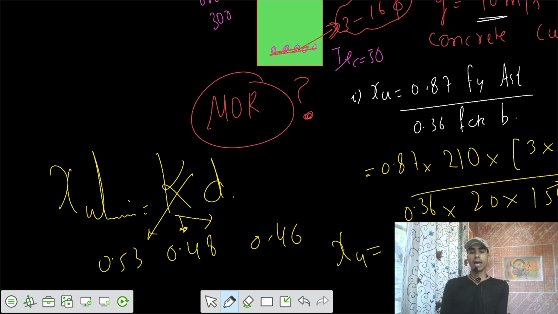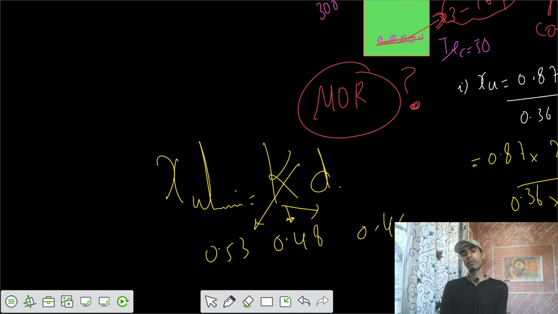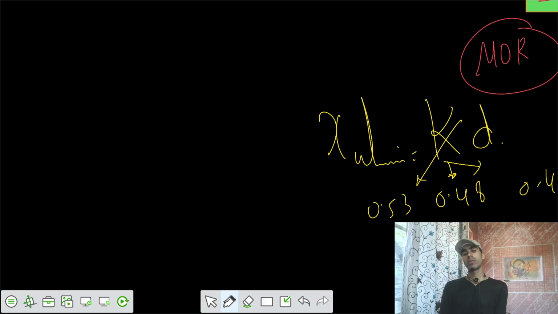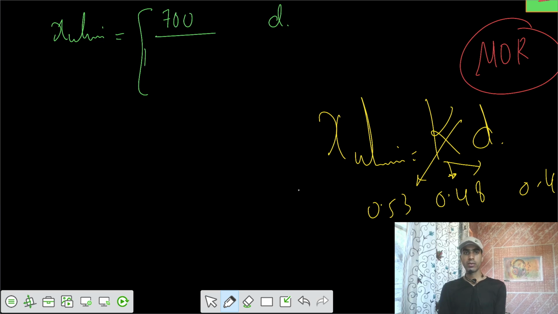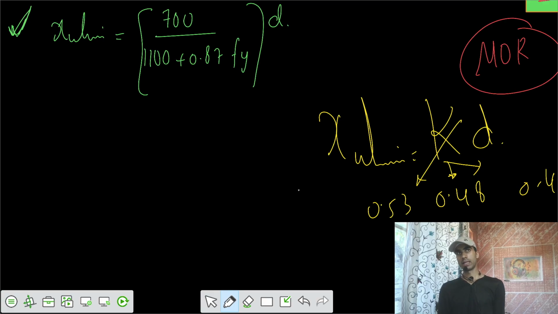We had one general equation. Once we derived that equation of k, we got that XU limiting equals some factor k into d. The value of k was 700 by 1100 plus 0.87 Fy. This is the equation we had derived during the derivation of the limiting condition for neutral axis.